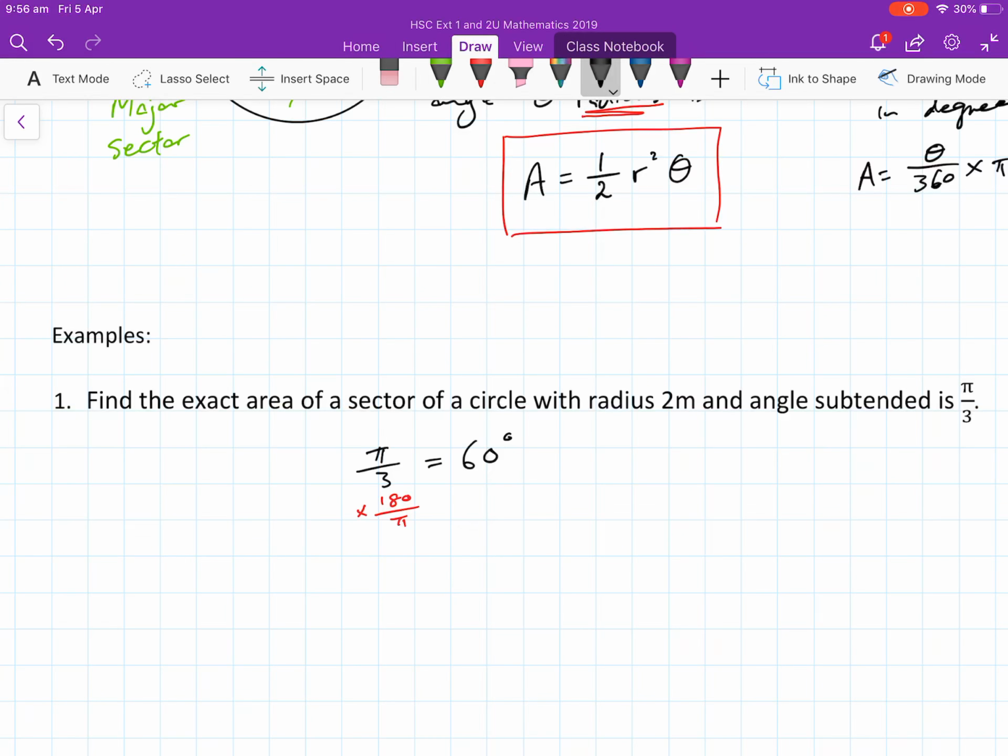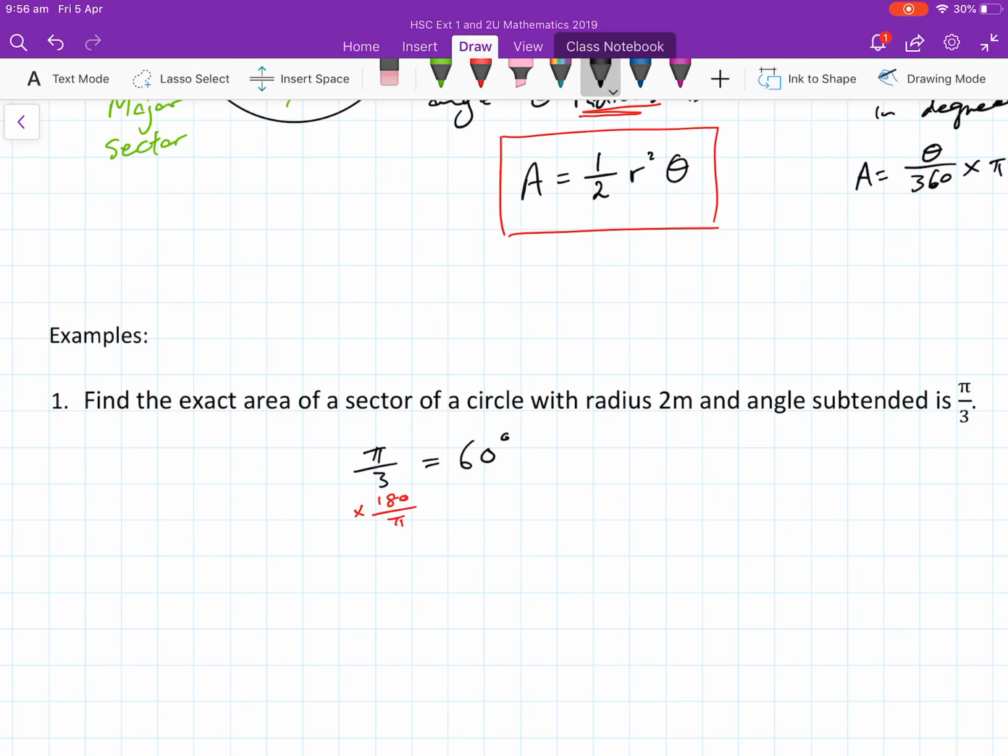If I was to draw the sector, and drawing a diagram is generally a good idea, we have our sector here, something like this. The angle inside is pi on 3. The radius is 2 meters, so A is equal to half r squared, 2 squared, times theta, the angle inside in radians, pi on 3.